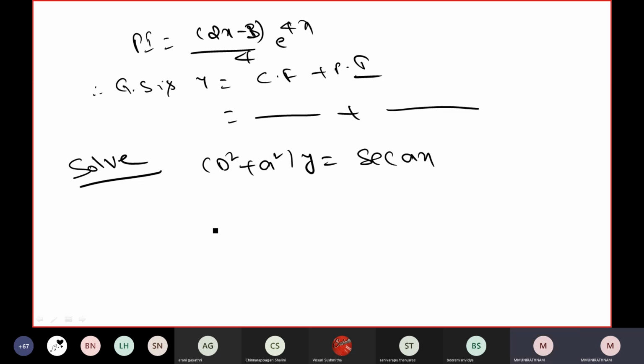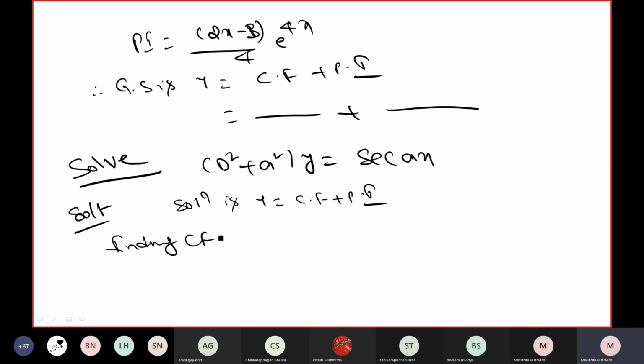So what is cf, anyone? minus ai, sir. Yes, sir, minus pi, sir. So what is cf? c1 cos ax plus c2 sin ax. Finding cf, consider f of d into y equal to 0.